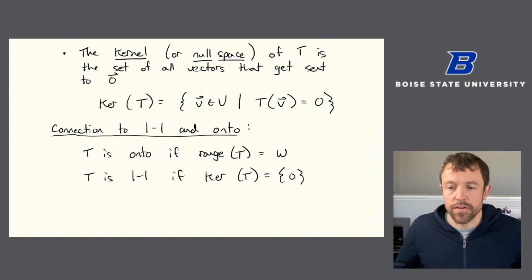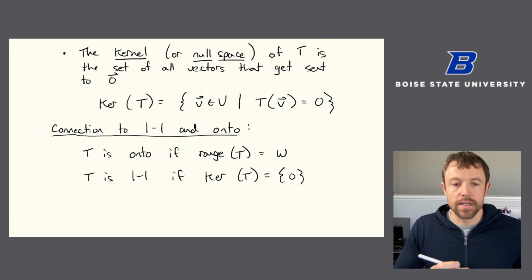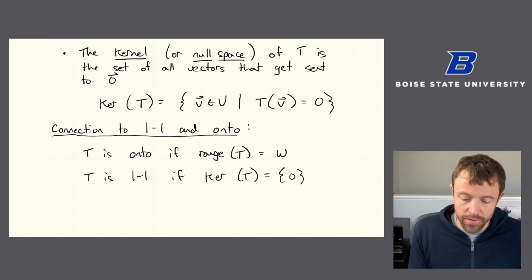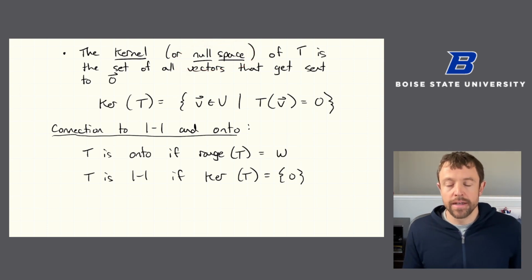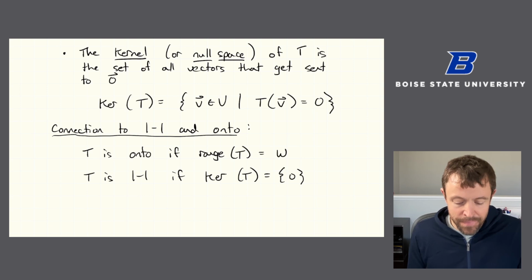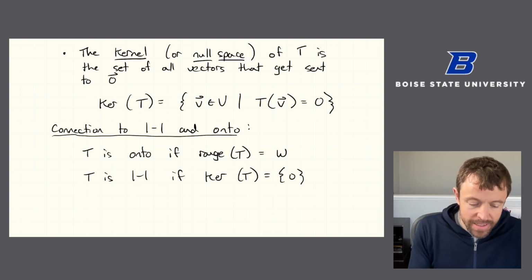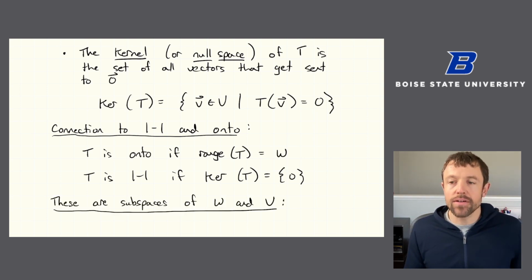But it goes even further. They actually connect directly to things we've talked about previously, and this other name for kernel, null space, is really hinting, or being a bit more than hinting, at this. It turns out that the range and the kernel of a transformation are subspaces of W and V respectively.